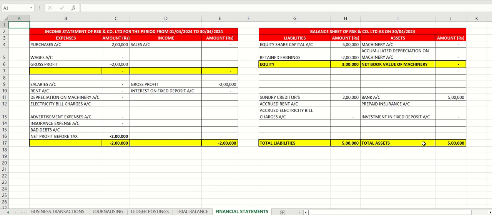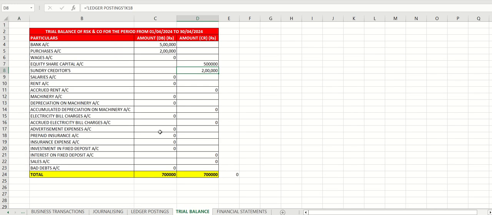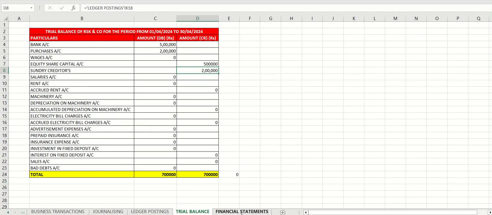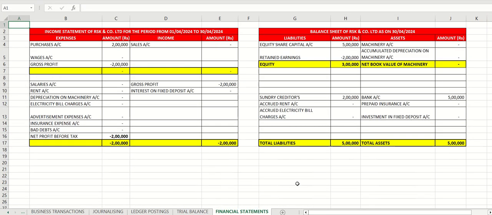My trial balance and my balance sheet should match up. There shouldn't be any discrepancy. If you take a look here, my trial balance matches up. There is no discrepancy between debits and credits, because we have been following the double entry system of bookkeeping, and even my balance sheet matches up. There is no discrepancy between assets and liabilities.